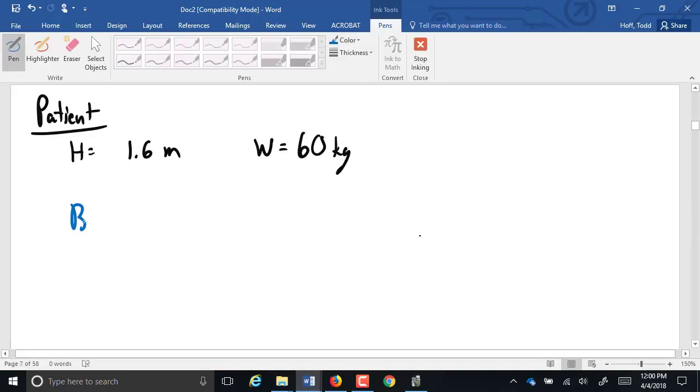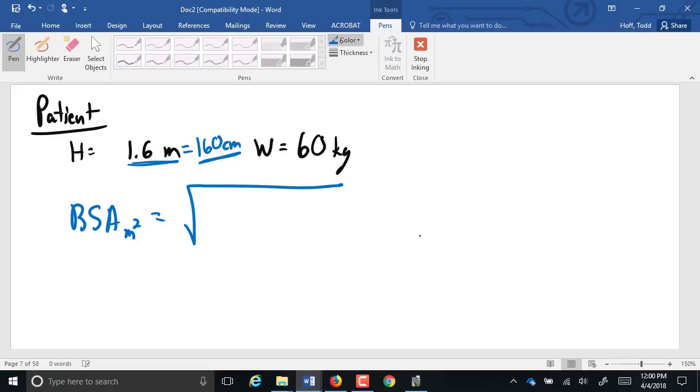So the body surface area in meters squared is, again, square root. 1.6 meters has to be converted into centimeters. From meters to centimeters is 2 spots on our metric chart. So we move the decimal 2 spots, 1.6 meters becomes 160 centimeters.